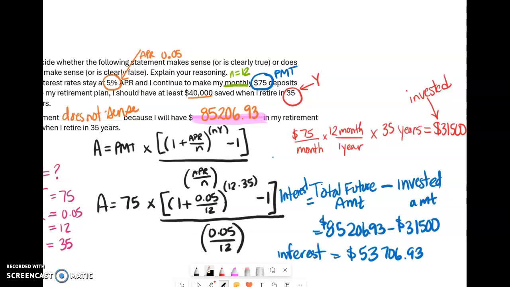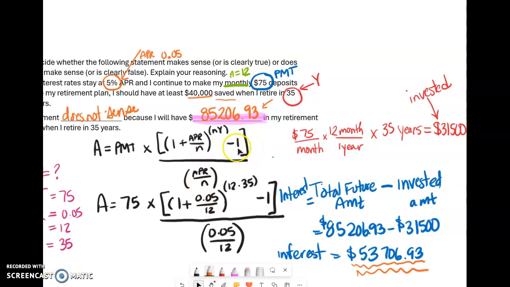Yes, it's at least 40,000. And yes, even the amount of interest is 40,000. But the amount that you've saved is way more than that. So that's why they want you to answer it like that.